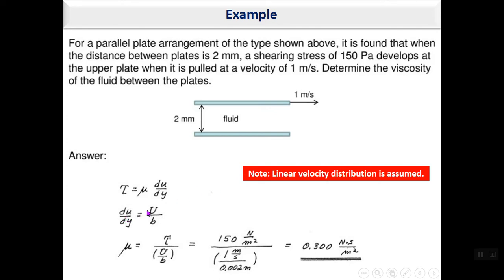And if the velocity distribution is linear, then du over dy can be calculated simply as u over b, where u is the velocity of the upper surface and b is the distance between the two plates. So this can also be calculated because you have u as 1 meter per second, you have b, don't forget to convert it to meter, and substituting in the equation, as you can see here, you can simply calculate viscosity.